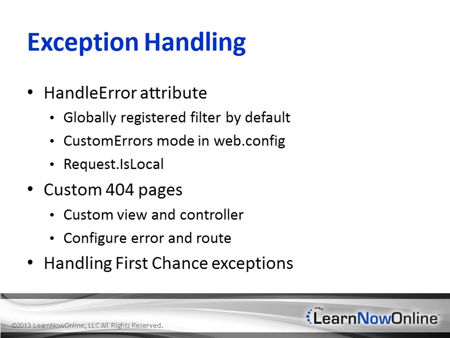Well, in any given application domain, you can check to see if you have a first chance exception. In other words, an exception that is being trapped and handled by some other program or something else that has a first chance to see that exception. This is not MVC specific. This is something that is just in the .NET framework and has been there for quite some time.